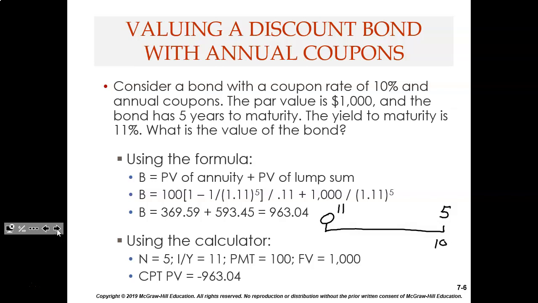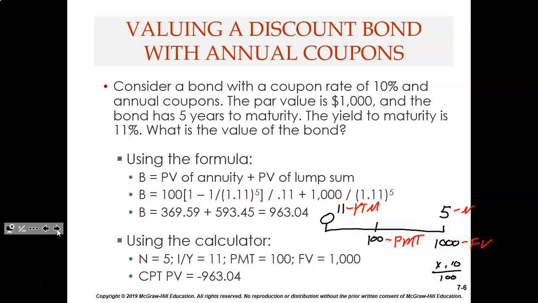We got $1,000 face value. Okay, we have a coupon rate of 10%. So when we take our $1,000 times our 10%, we get our coupon of $100. So that is our payment. So if we highlight these, we've got yield to maturity. There's our N. There's our face value, future value. There's our payment.